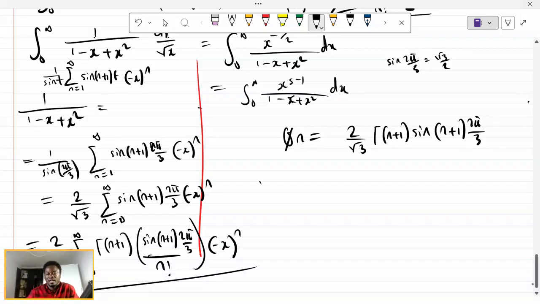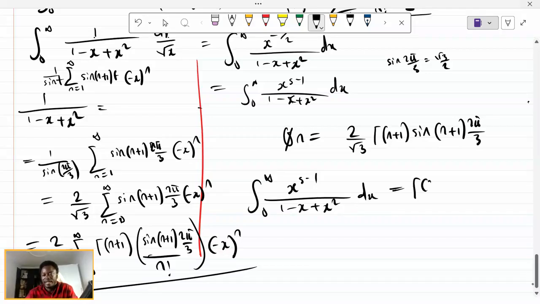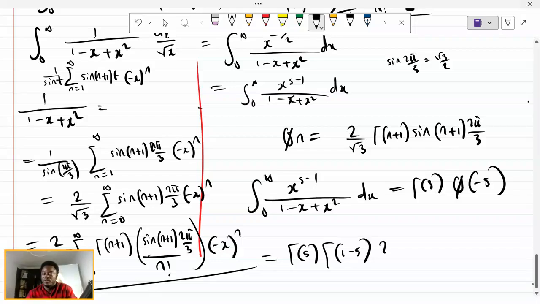So basically the integral from 0 to infinity of x to the s minus 1 over 1 minus x plus x squared dx, which is gamma of s times phi of negative s, would be equal to gamma of s, then we have gamma of 1 minus s, then you have 2 over square root of 3 multiplied by sine of 1 minus s times 2 pi over 3. Yeah, that is it.